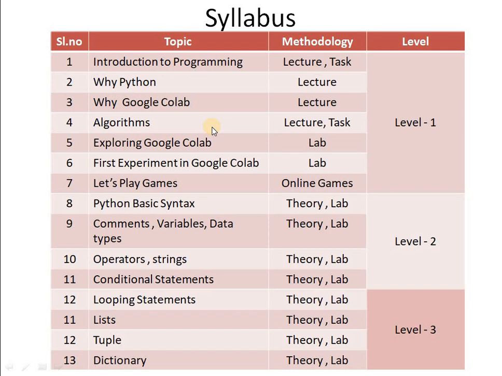A concept called algorithms. We'll have certain tasks there. Then we will explore the Google Colab facility. We will experiment with the Google Colab facility, and there are certain games which will make you more interested in Python. With that, level 1 will be completed.